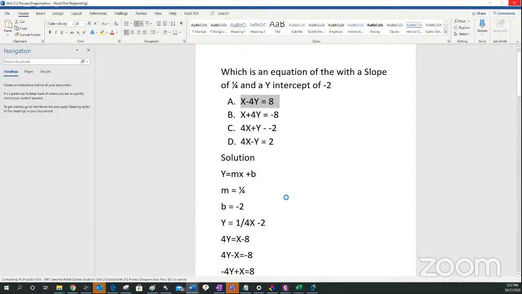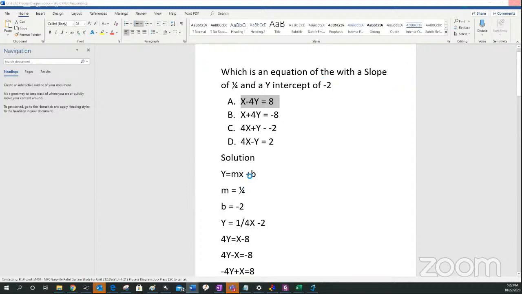So I write those down, my given and what I'm looking for. My given is the slope and the y-intercept. And what I'm looking for is the equation of the line. They want me to write the equation, and they give me the slope and the y-intercept.